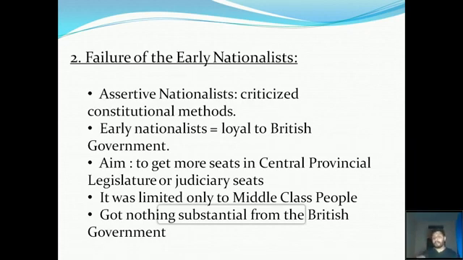They started to think how they could attain it in a different way. So it led to the formation of assertive nationalists. So we can say that up to an extent, the failure of the early nationalist leaders, or the ideologies of early nationalism, led to the emergence of assertive nationalism in our country.